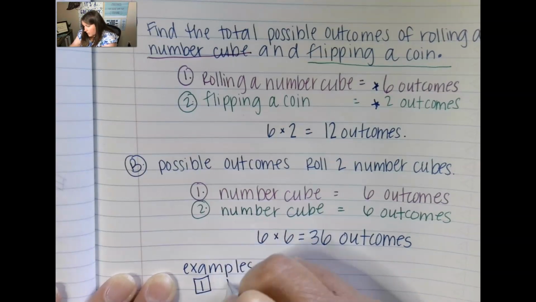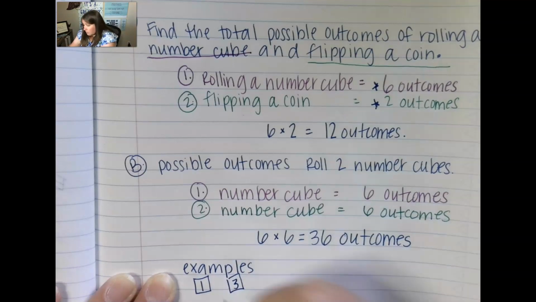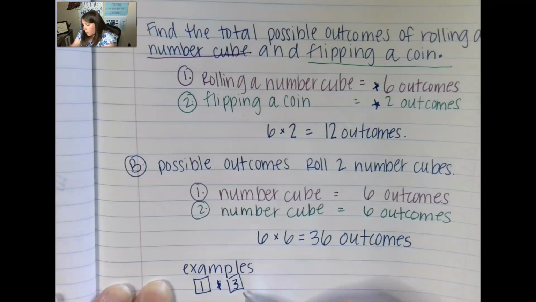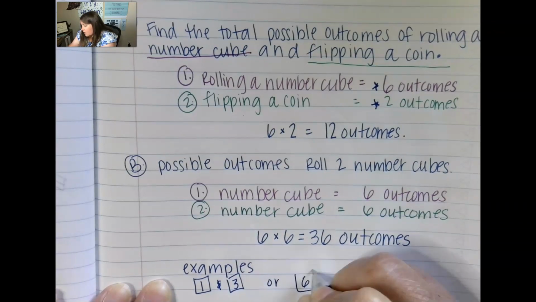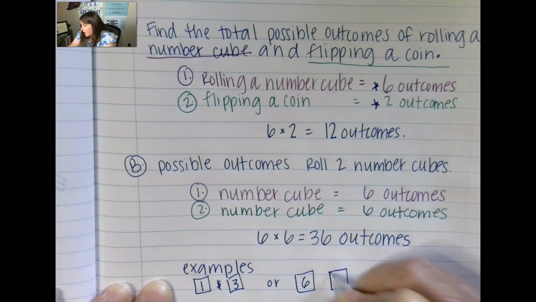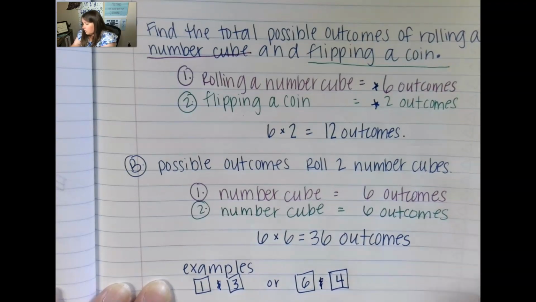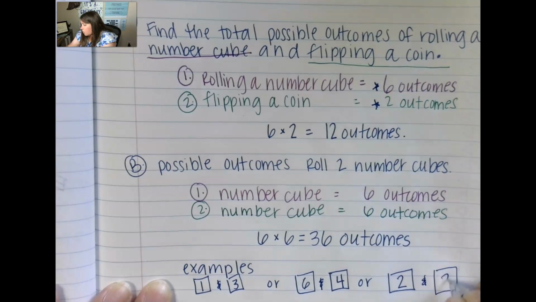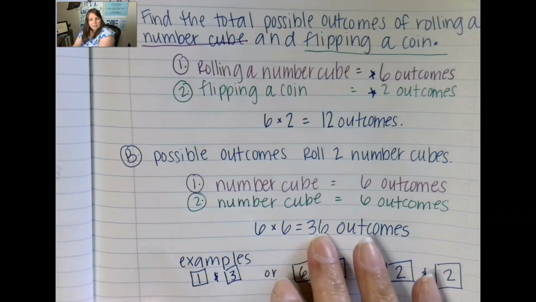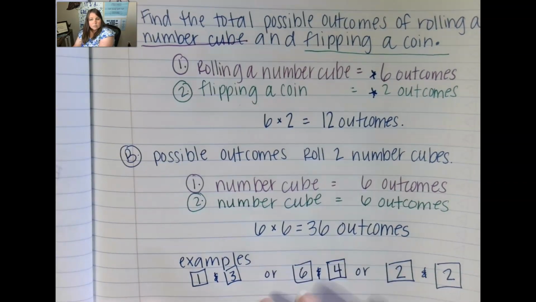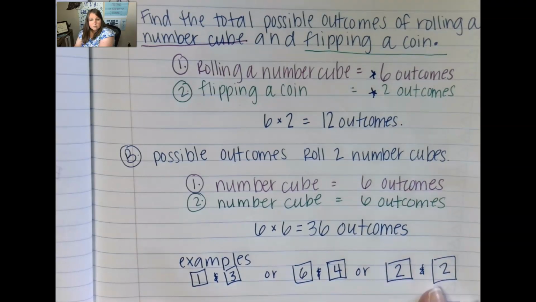I could get a 1 and a 3. Here's event 1, here's event 2. Or maybe I get a 6 on this number cube and a 4 on this one. Or maybe I roll a 2 and a 2. All of these are examples of what can come up within these 36 outcomes.